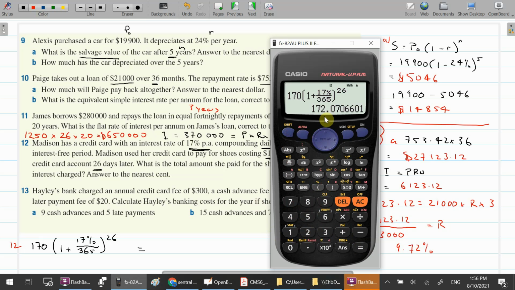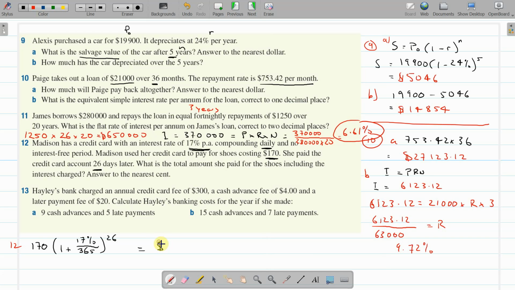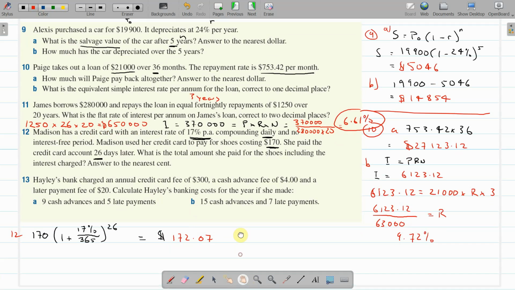There we are, $172.07. Now, question 13.